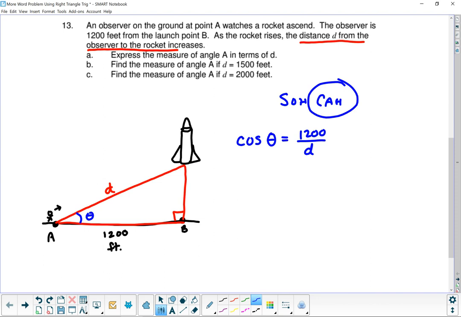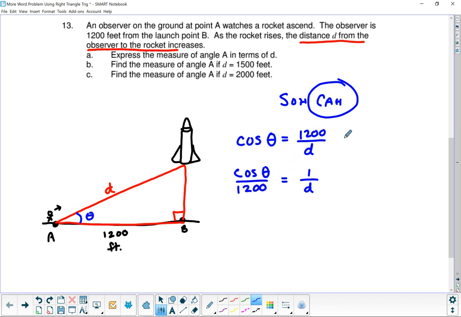To solve this, we multiply both sides by 1 over 1,200 feet, which gets rid of the 1,200. I'm not showing you the work again because I've done it twice already, so you'll have to go back and look at what I did earlier.